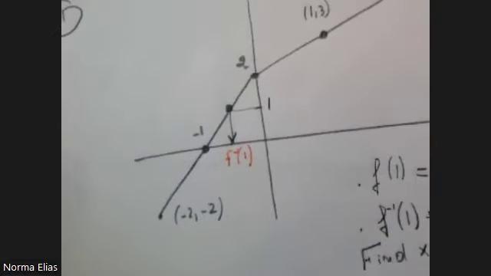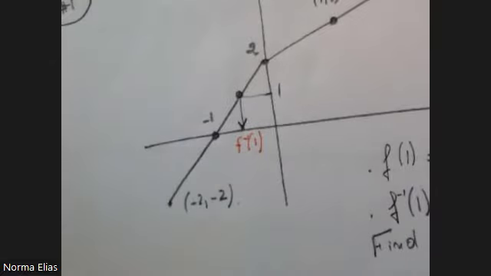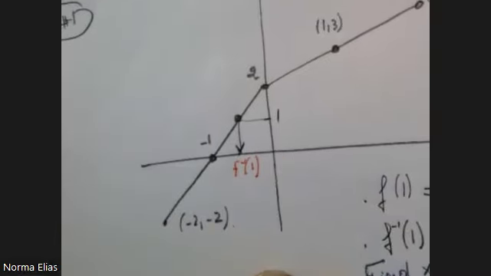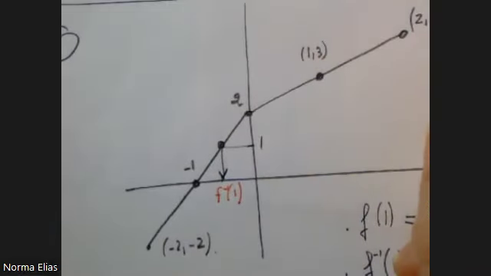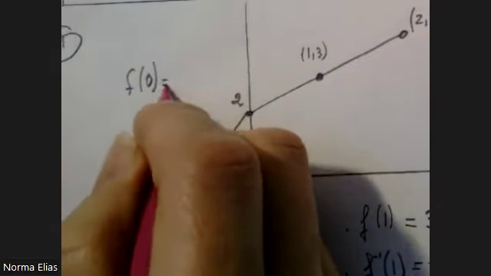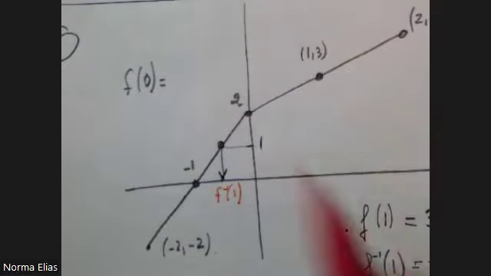All right, two more questions before we finalize. What is f of 0? Of course, the first one is simple. F of 0, quickly, 2. Everybody tells me 2. Very good.